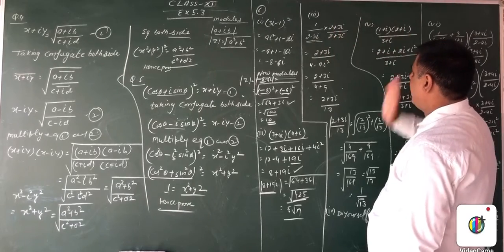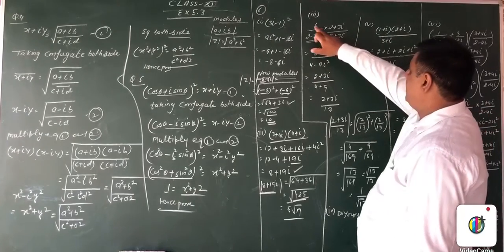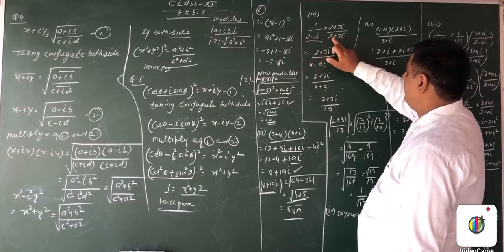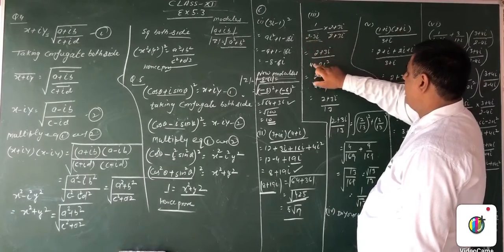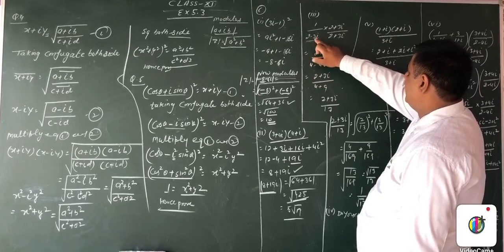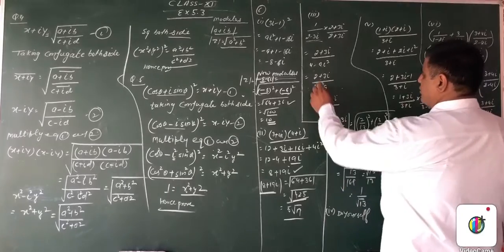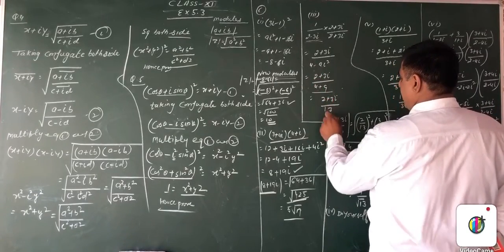Multiply and divide by the opposite sign of the imaginary number. Now we multiply, we get 2 plus 3 iota, and this is your identity a minus b into a plus b equals a square minus b square. 2 square is 4, minus 3 iota square means 9 iota square. So then this becomes 2 plus 3 iota by 4 plus 9, so 2 plus 3 iota by 13.